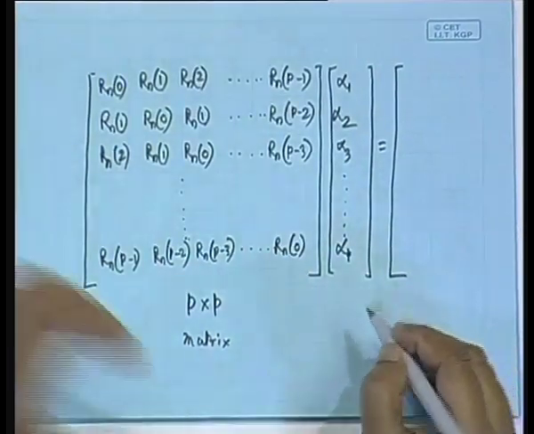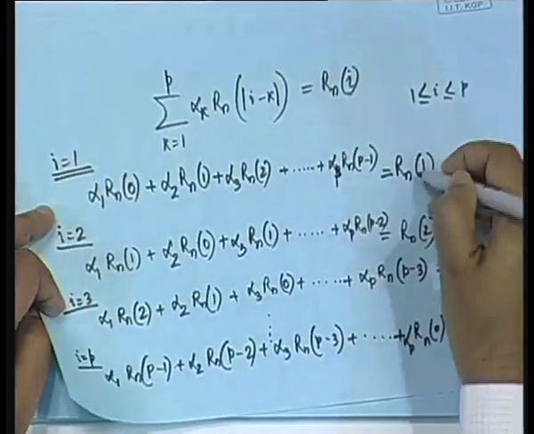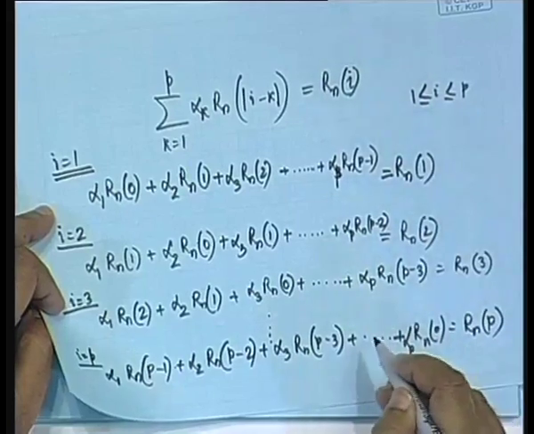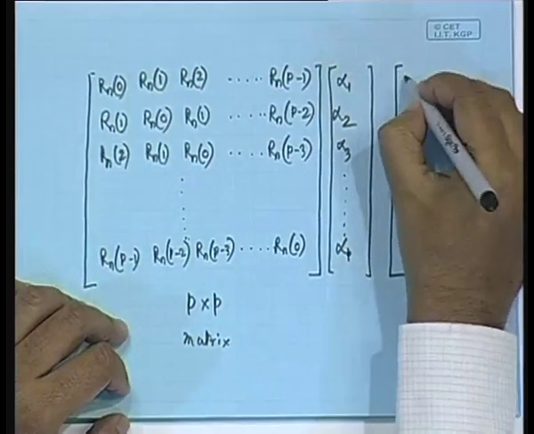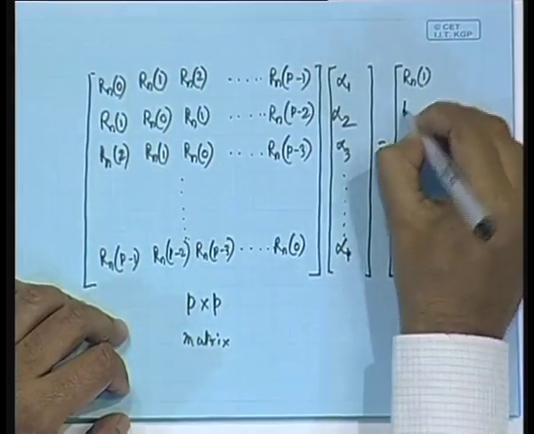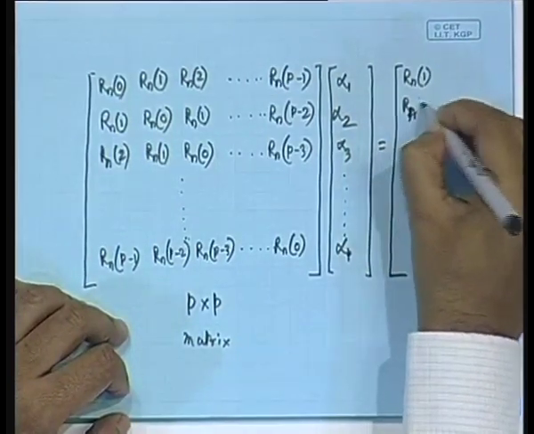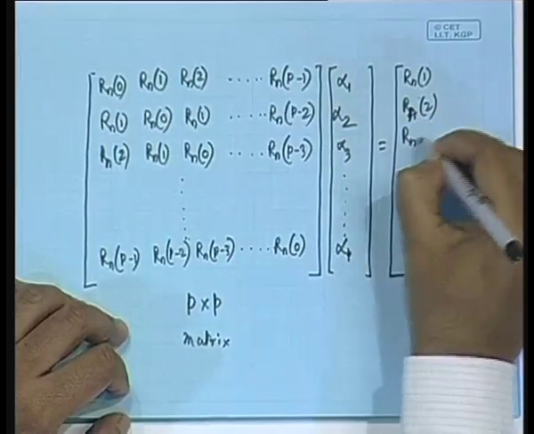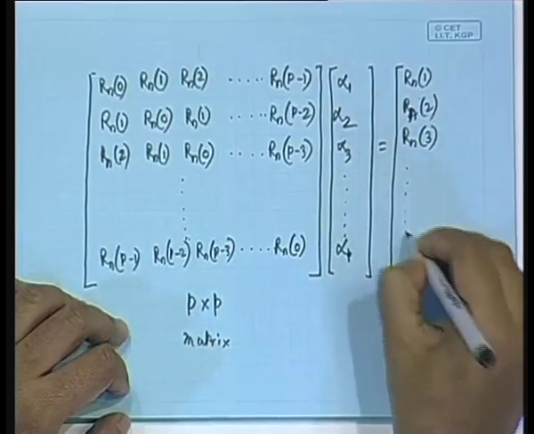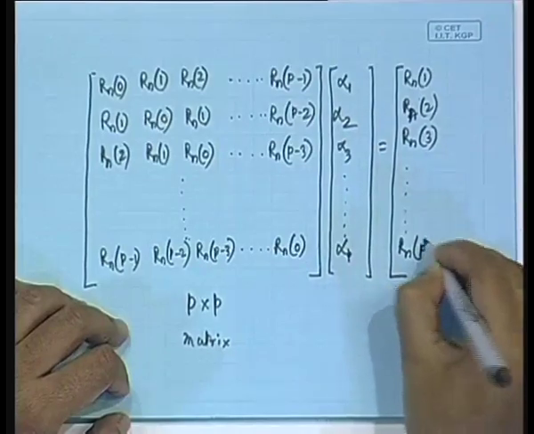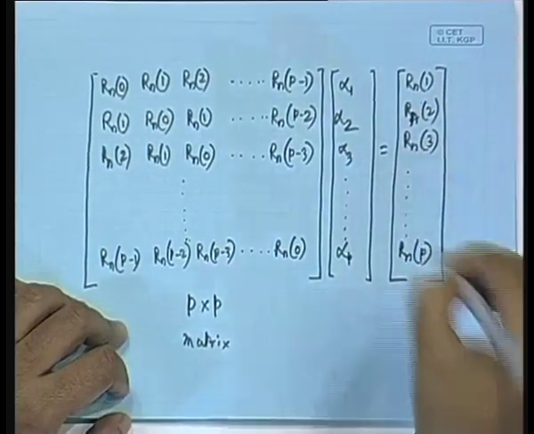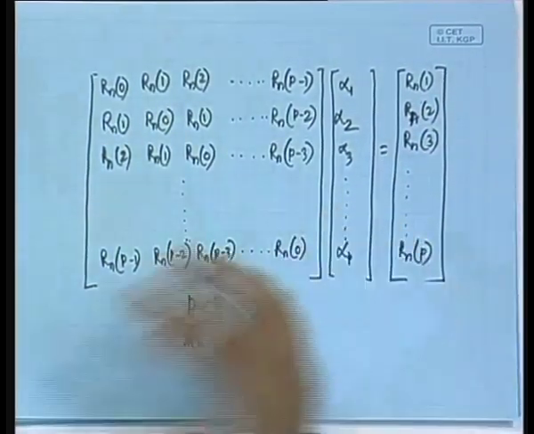Another column vector. And what is this column vector? What we have written down on the right hand side. Okay, so Rn1, Rn2, Rn3 up to Rn p, right.